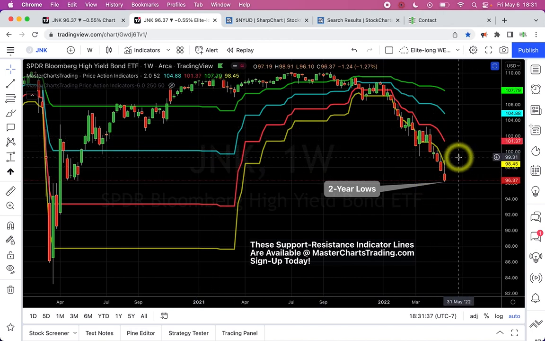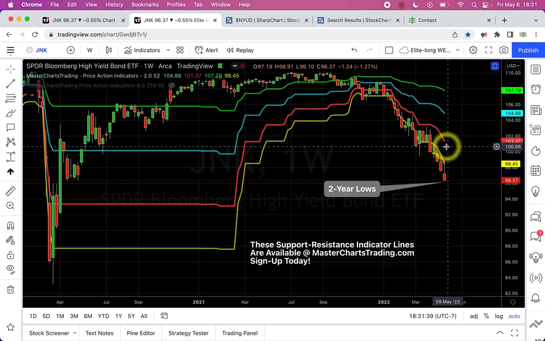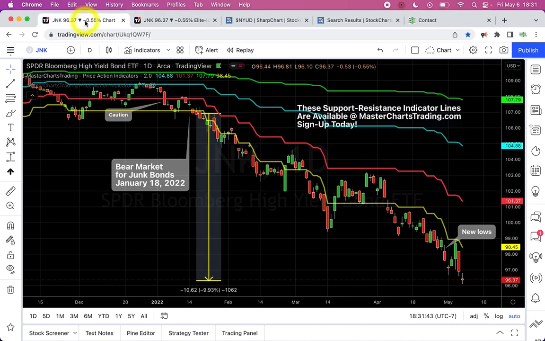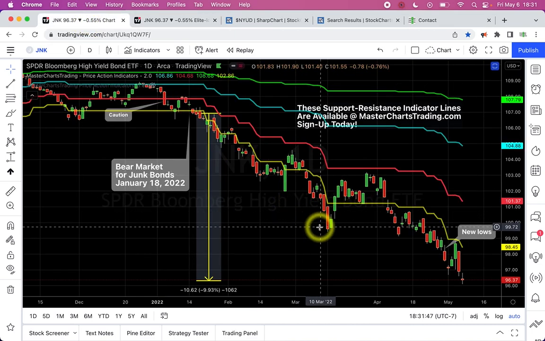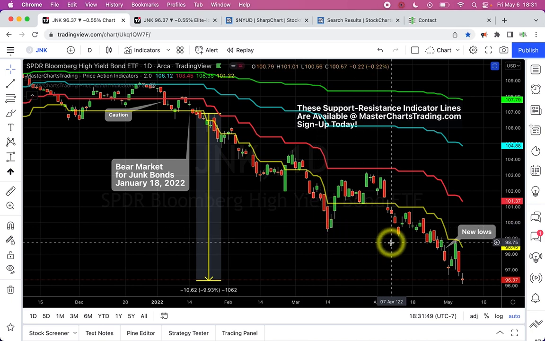It probably doesn't make sense to sell short junk debt because of the dividends, but if you really are hell-bent on shorting, then you can do it. Okay, so looking from the junk debt, extrapolating to the S&P 500, not a good sign. Looks like we may continue lower for stocks, and I don't see an end to this yet.